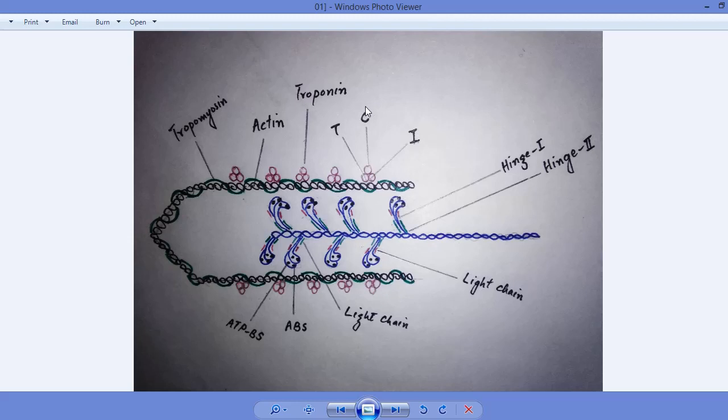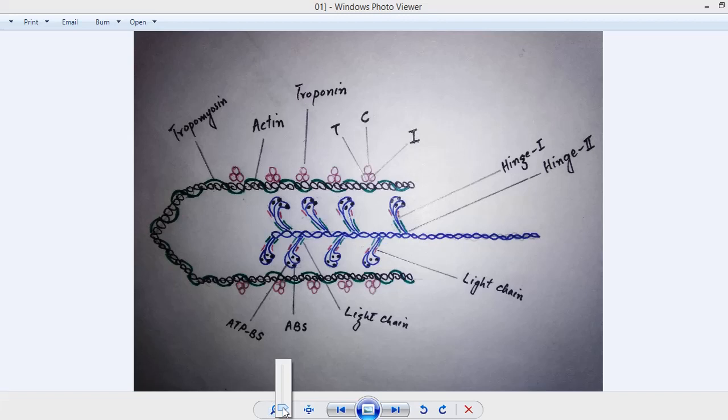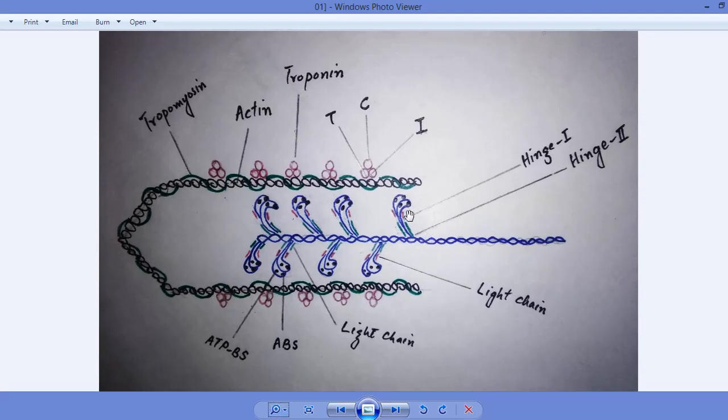Now coming towards the myosin. The myosin filament is made up of two heavy chains and two light chains. The two heavy chains are twisted around each other, making the head portion over here, represented by blue color. The light chains are near the head and in the arm.